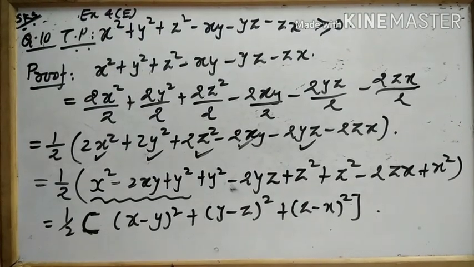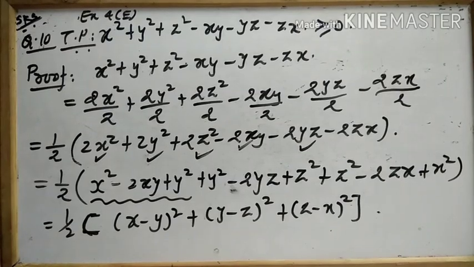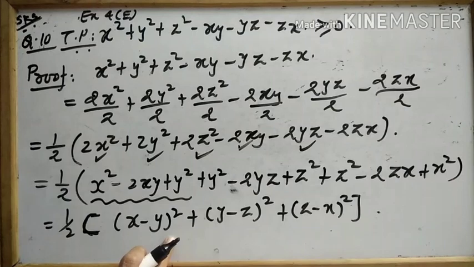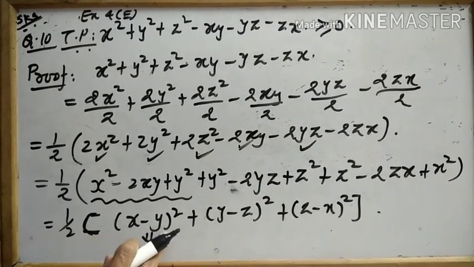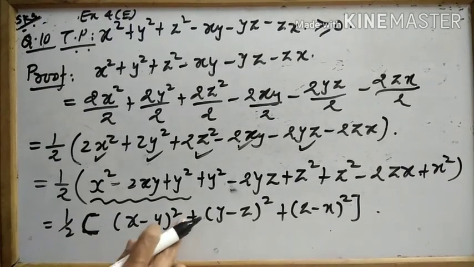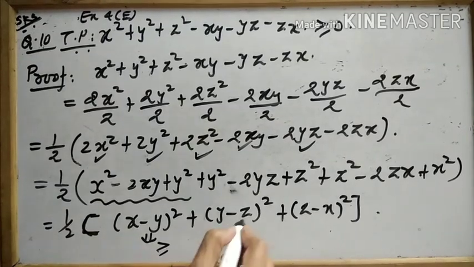Now, if you remember, before starting the proof, I said the square of any real number is non-negative. Now, this is x minus y the whole square, so this has to be either 0. It can be 0 if x and y are equal. So x minus y may be a negative number, but the square of a negative number can be positive. So this number is greater than or equal to 0.